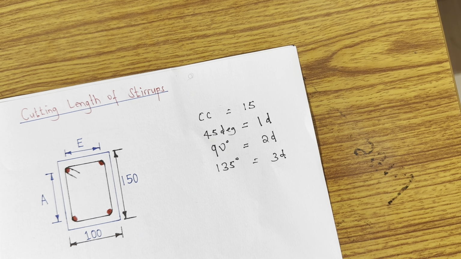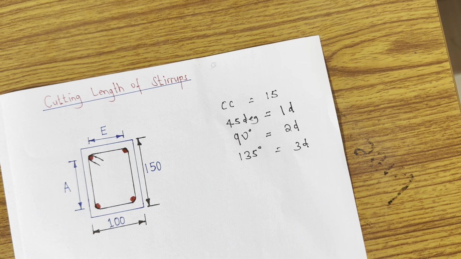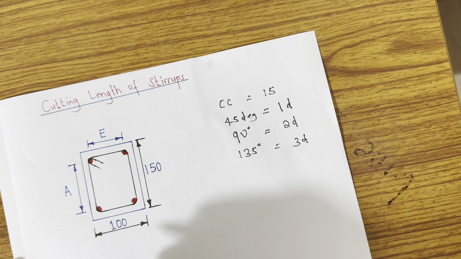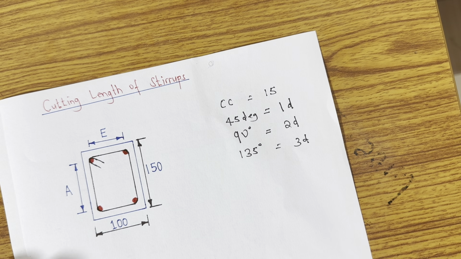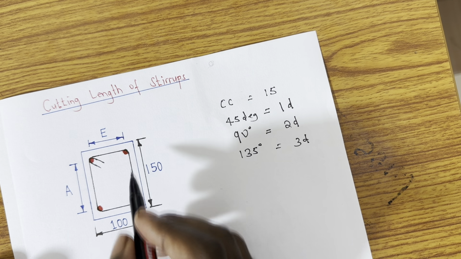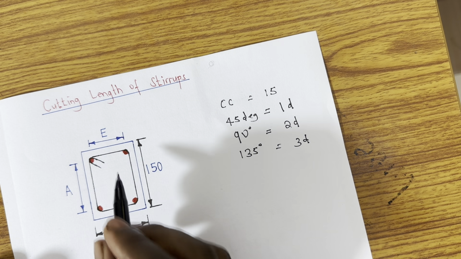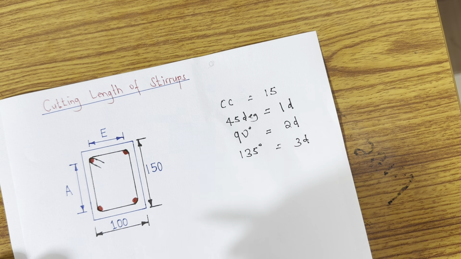Now, what I want to calculate is also the cutting length of what? Of the stirrup. Now, cutting length, let me call it L again. First of all, I have to consider the center to center for this beam. The red thing is the main bar. Then this black one running all around is what I'm calling the stirrup. And we are taking the stirrup of 6 dia bar. Okay?